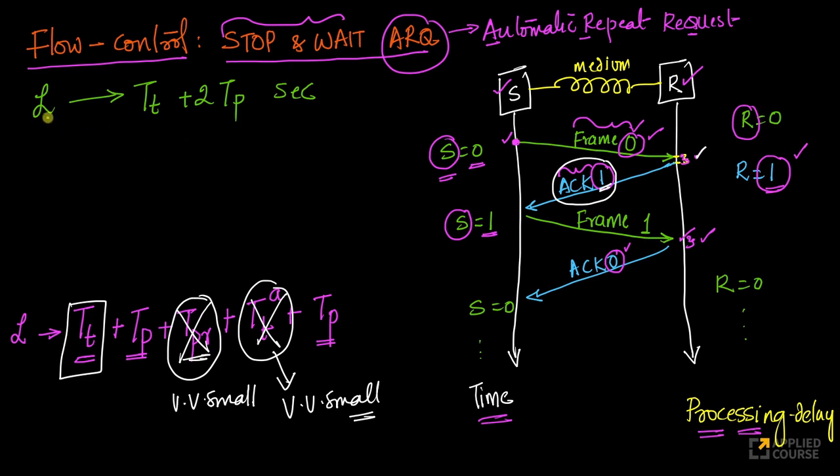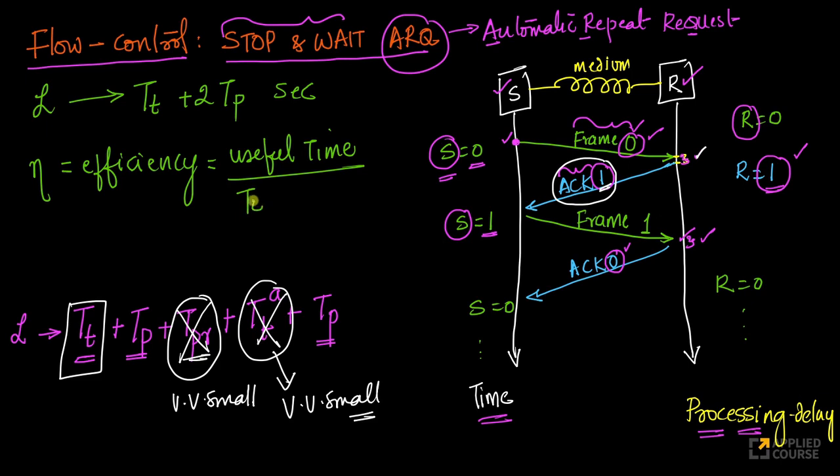Effectively. Now, amongst this whole time, there is a term called efficiency, which is often represented by this Greek symbol. How do we measure efficiency here? In layman's terms, it is the useful time by the total time. Again, what does useful time here mean? That's a good question.